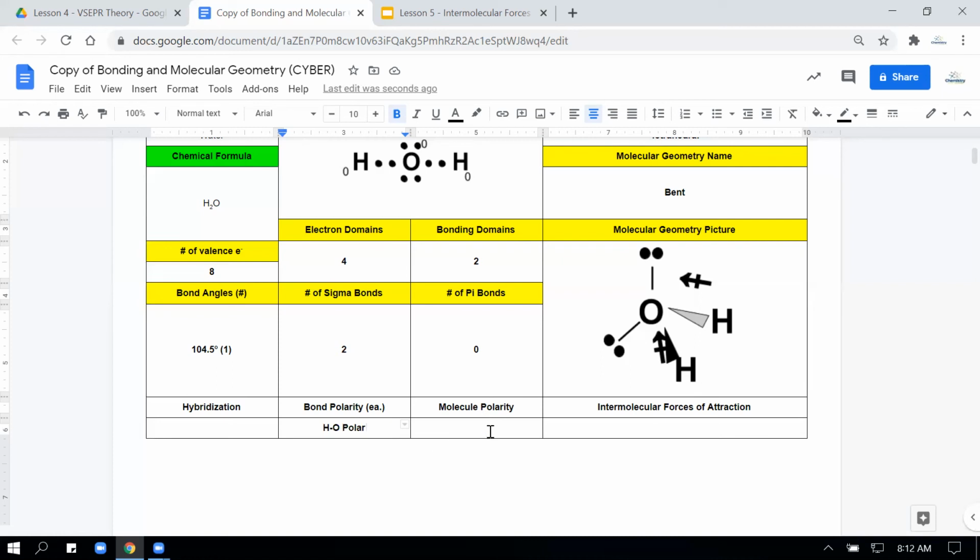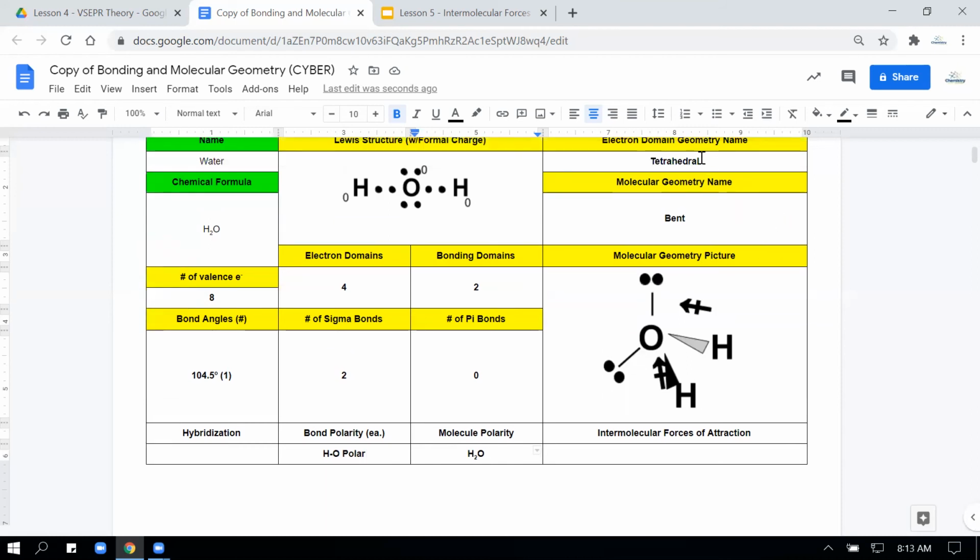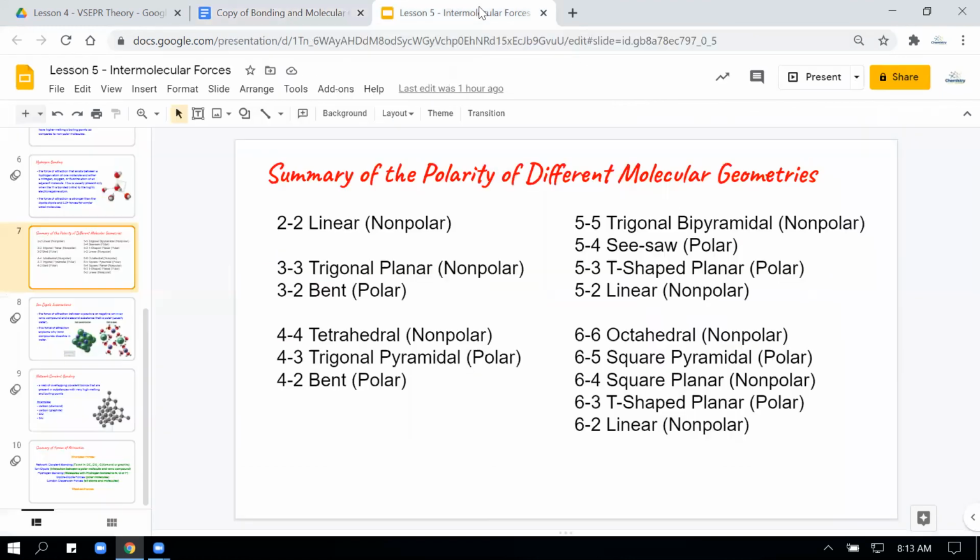When we evaluate the molecule polarity, in this case our molecule is water, so I'm going to write the formula for water. And when we're evaluating the polarity, what I would like you to look at is this combination of electron domain geometry and molecular geometry. And then go back to that slide in the presentation where I evaluated all of these for you.